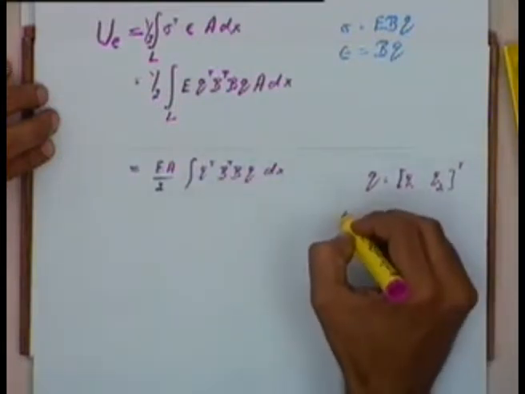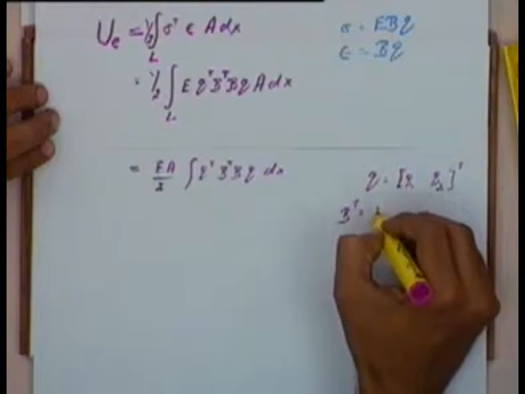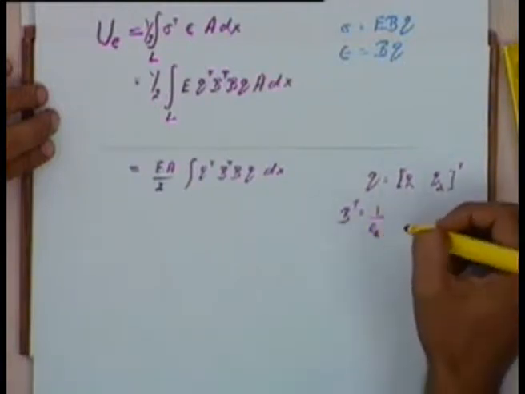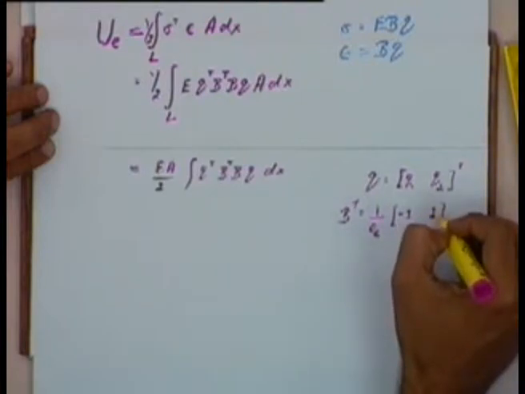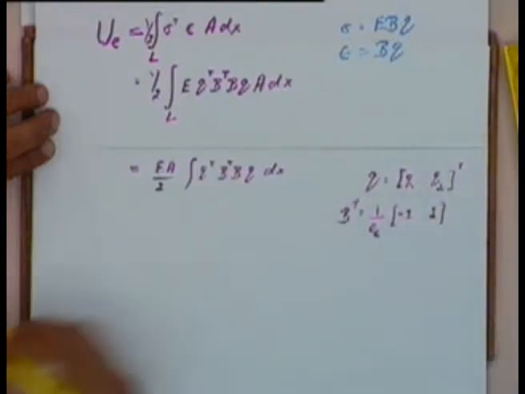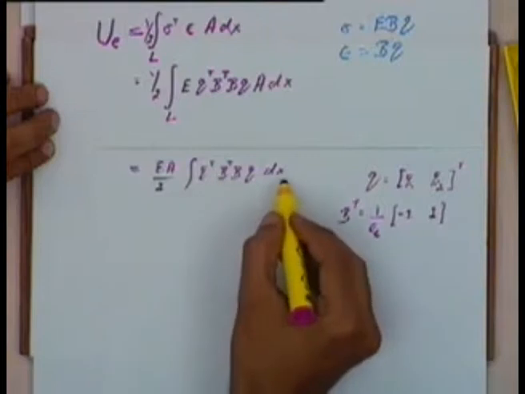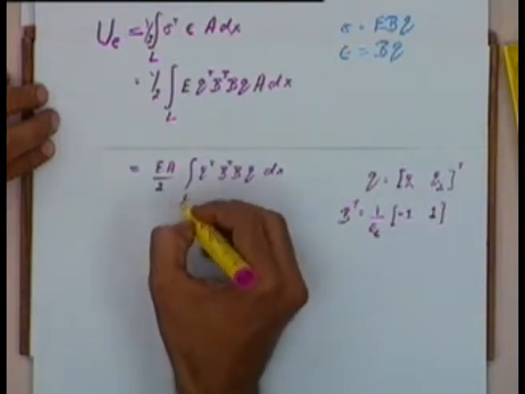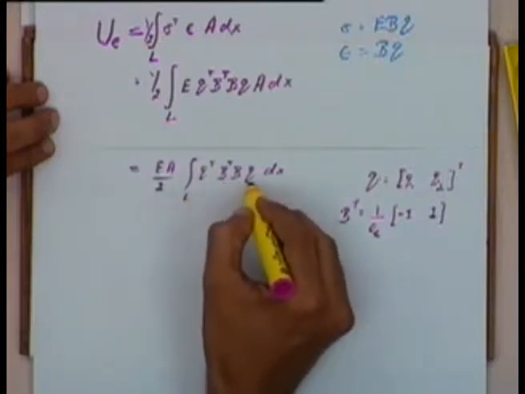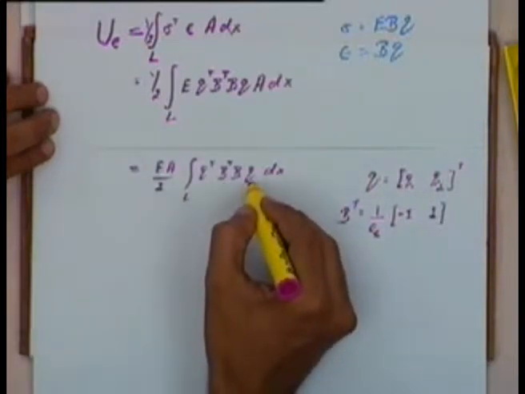Similarly, B transpose we said was equal to 1 over LE, where LE is the length of the element, multiplied by minus 1 1. So B transpose is also a constant, it doesn't vary with x.